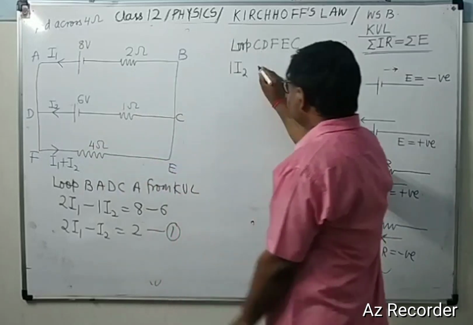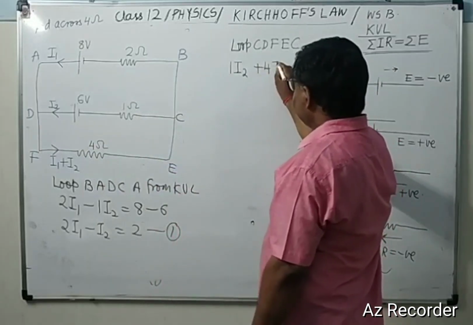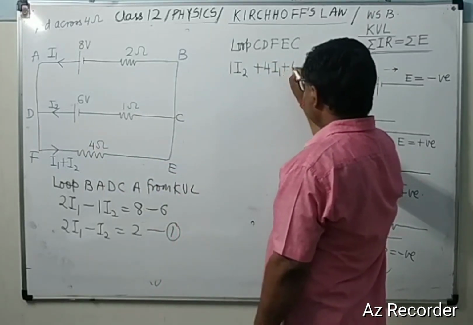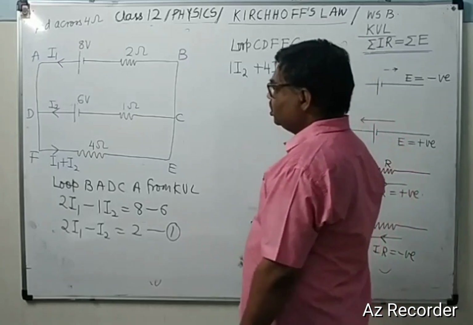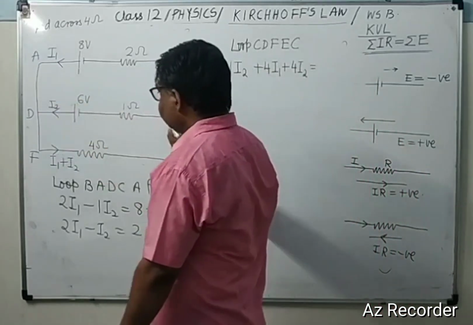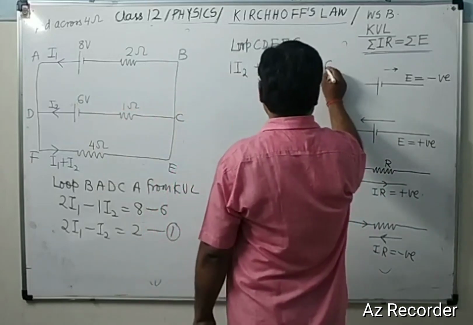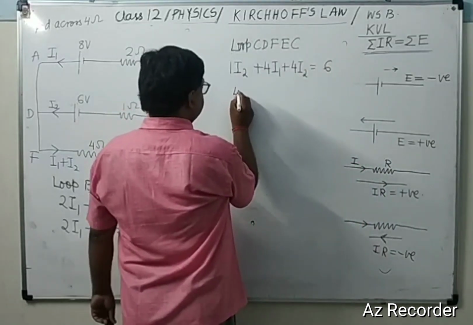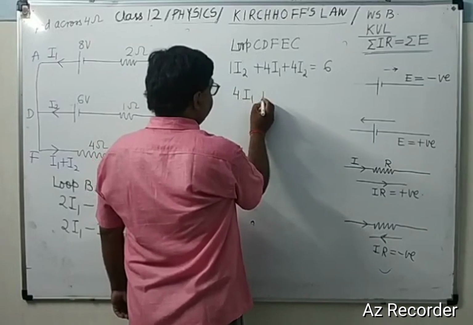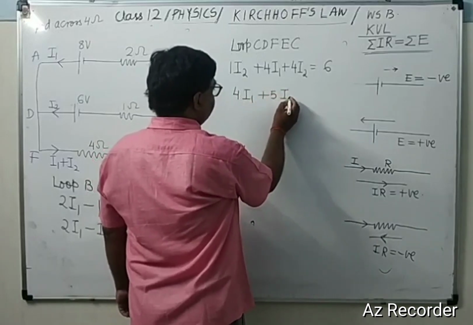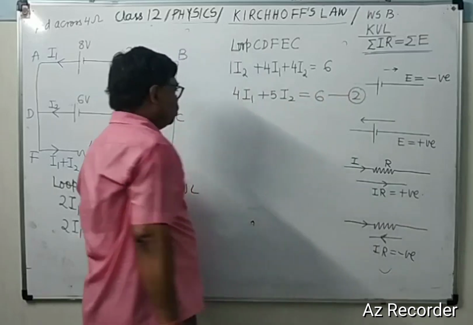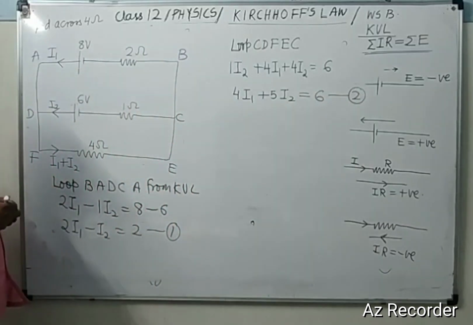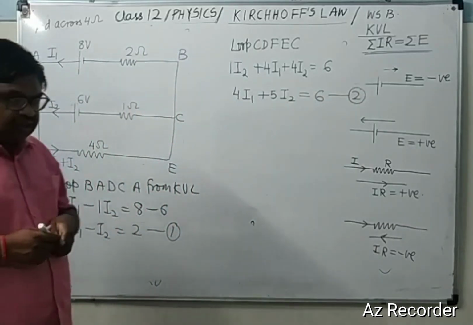So IR will be positive, that is 4I1 plus 4I2. It's clear? Equals to, the cell is being crossed in what way? Negative to positive, that is equals to 6. So it is 4I1 plus 5I2 equals 6. This is equation 2.